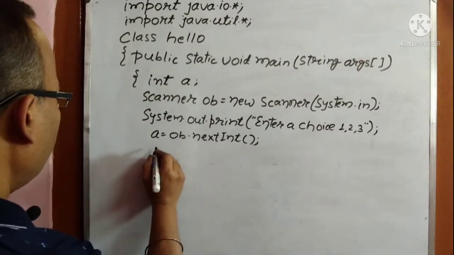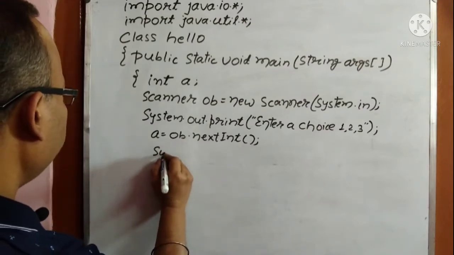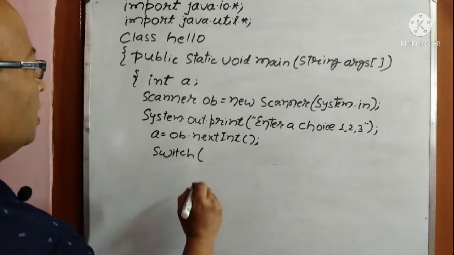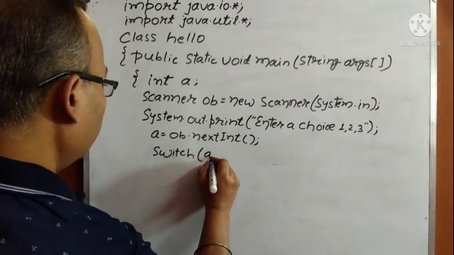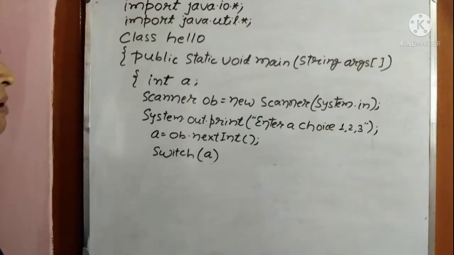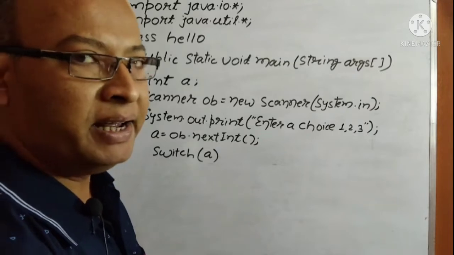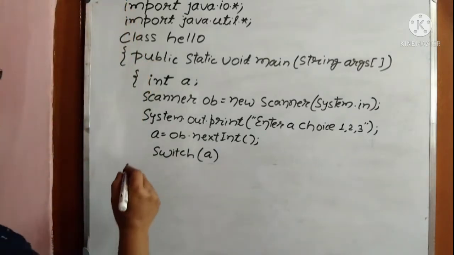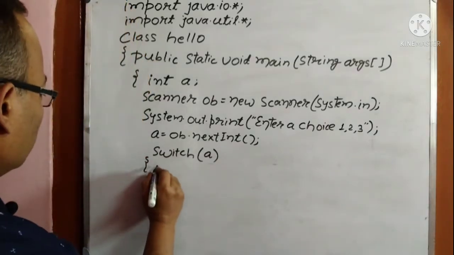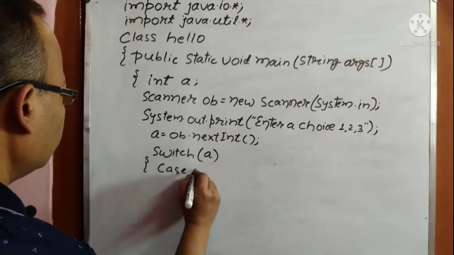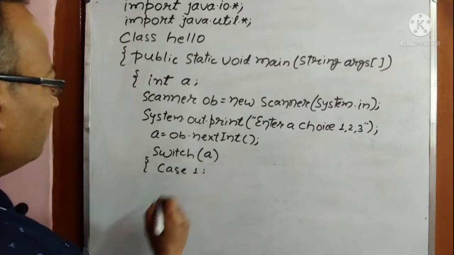Clear? So now we will use the switch statement. Switch, as I have told you, here what will be the variable? The variable is your a, whose value will vary, and depending on its value you have to execute. So switch a. So case is 1.